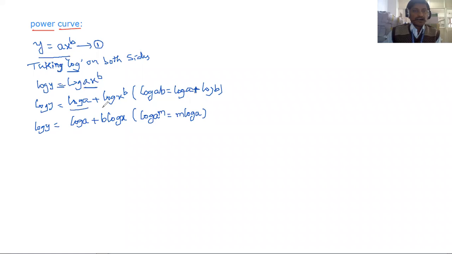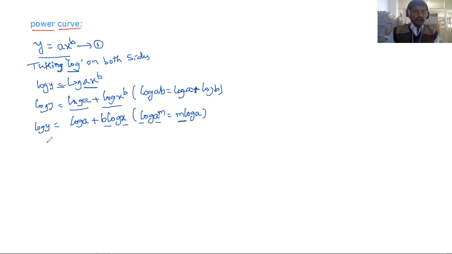Here in place of A it is a and in place of B it is x power b. So log y is equal to log a plus, and this is in the form of log a power m, so we write m log a, so b log x.